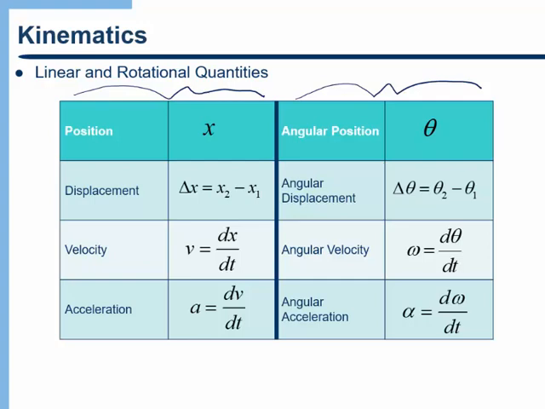Notice that the definitions are exactly the same. Other than using different variables, the equations are identical. And that means that if we want to look at kinematic equations for rotational motion, all we're going to have to do is take our one-dimensional kinematic equations and change the variable names.